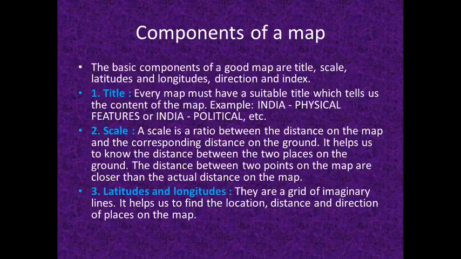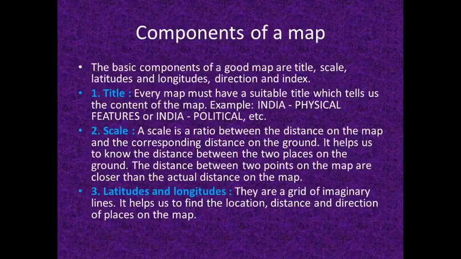A scale is a ratio between the distance on the map and the corresponding distance on the ground. It helps us to know the distance between two places on the ground. The distance between two points on the map is smaller than the actual distance on the ground.